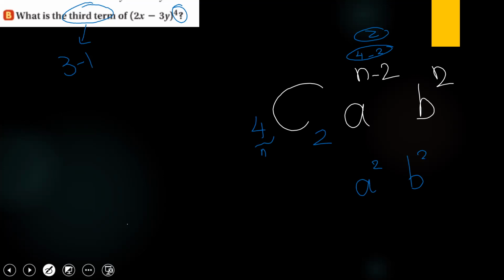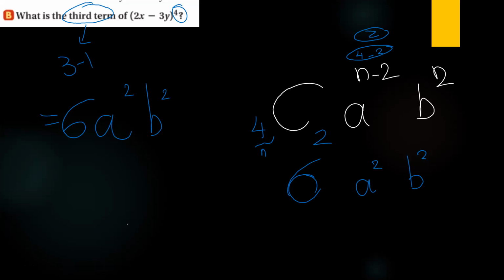So a squared, b squared, and 4 combination over 2 gives, let's find it by calculator, 6. So the third term will be 6 a squared b squared. This is the first way to find the third term.